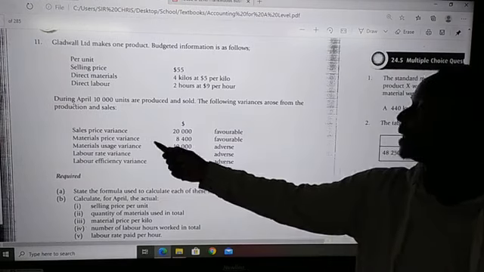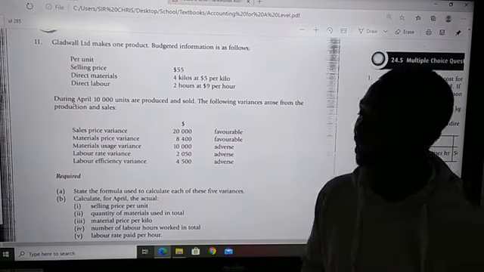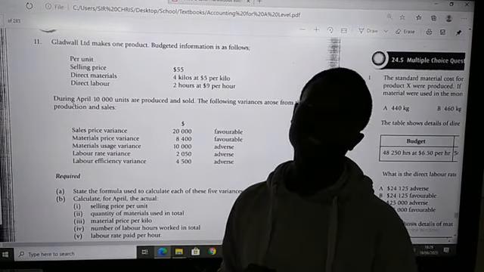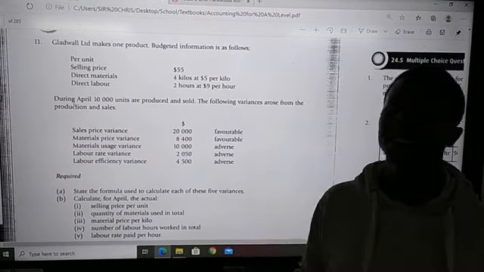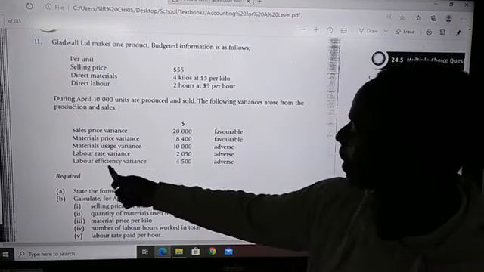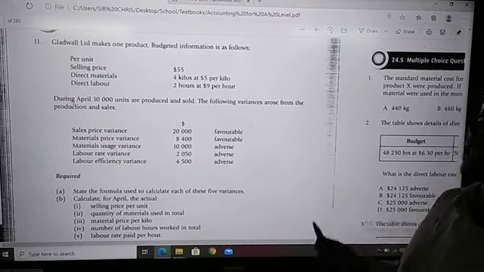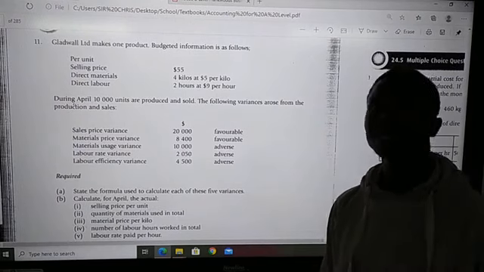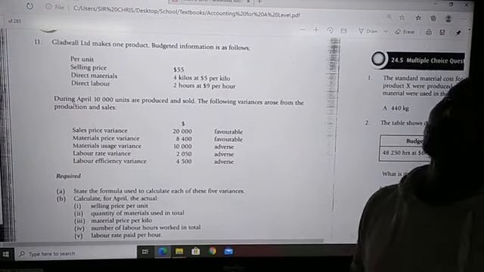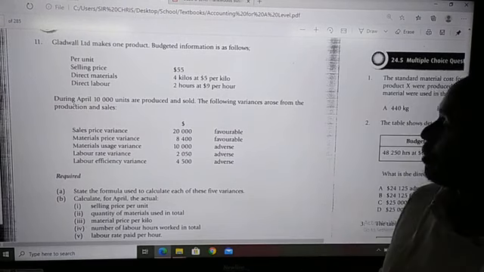Next we have material price variance, and the formula we said is standard price minus actual price, all multiplied by the actual quantity. Then material usage: standard quantity minus actual quantity, all multiplied by the standard price.